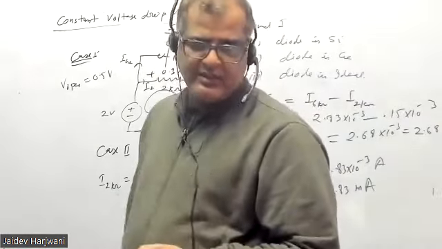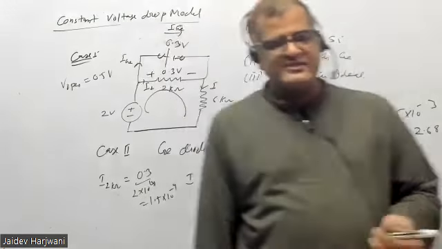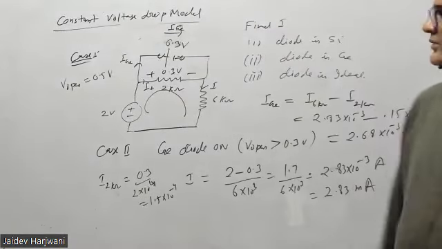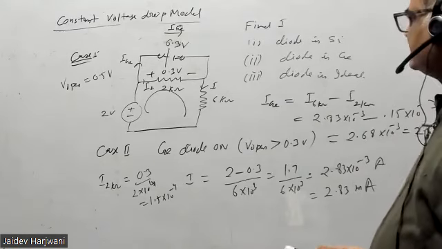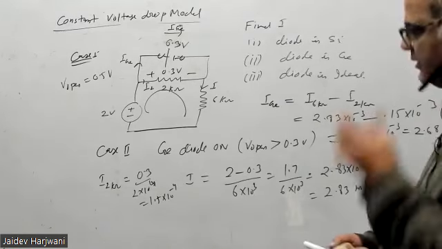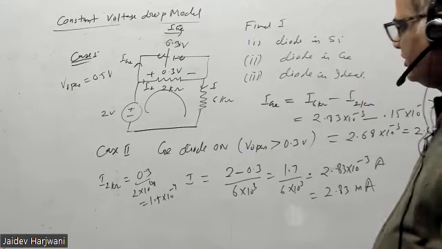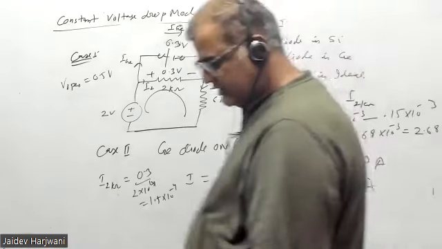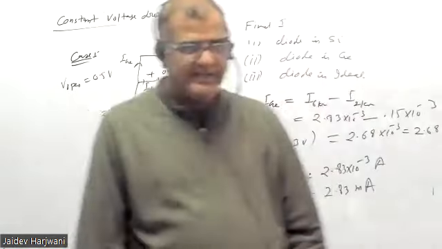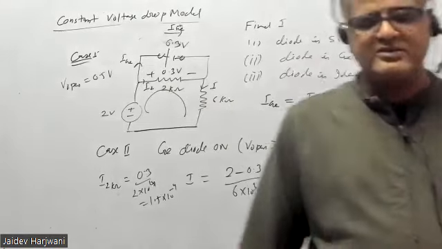And in the first case, when the diode was open, I silicon was 0. First case, I silicon was 0. Now you can take the last case, when this is the ideal case, and tell me how much the current will come.